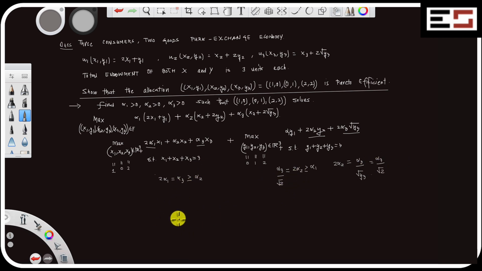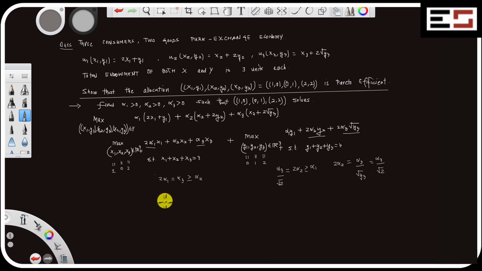So we just need to figure out possible values of alpha 1, alpha 2, alpha 3, so that this is a solution to these two problems, and therefore this allocation is a solution to this problem.